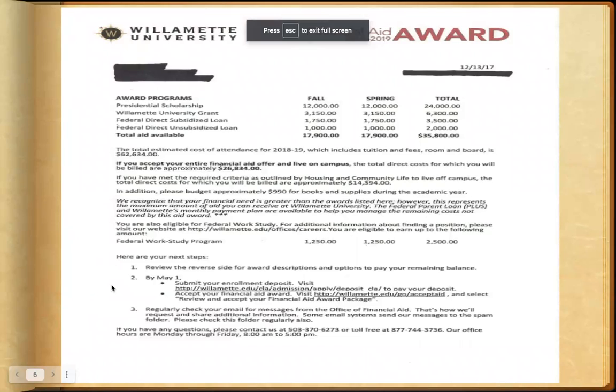Okay, I know this might be hard to see, but this is an example of an award letter. This happens to be from Willamette University. It is one of the good ones in that it has the amounts laid out very, very clearly. But as you will see on this one, the loans are lumped in with the other funds.